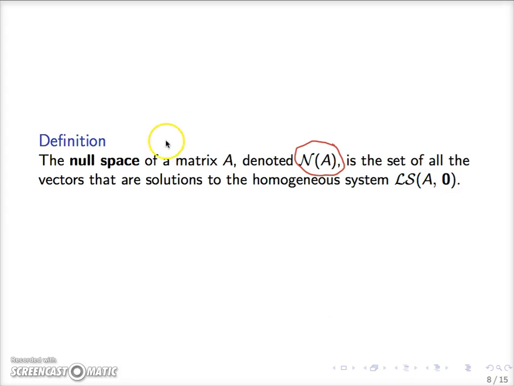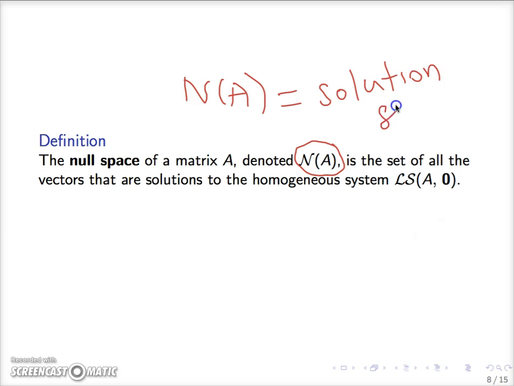So the null space of the matrix is equal to a solution set, the solution set of the system that has that matrix with the vector of constants being the zero vector. That is what will be referred to as the null space of a matrix.